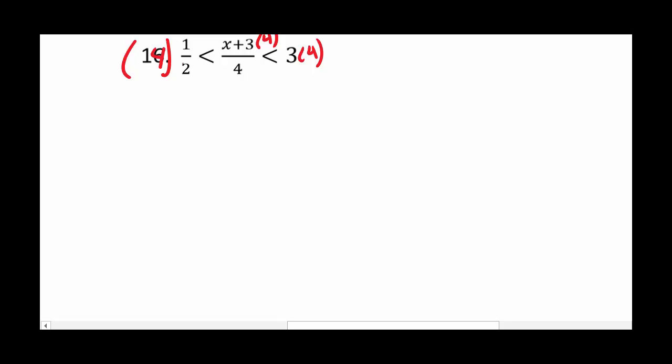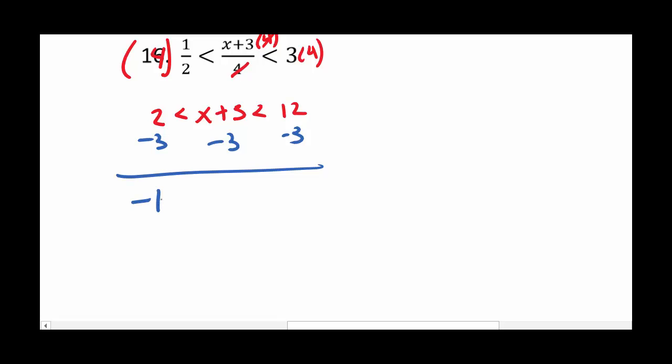So here I get half of 4, which is 2. There the 4's divide out in the middle, so I'm left with x plus 3. And then 3 times 4 is 12. Then I want to subtract 3 from all 3 sides. So negative 1 is less than x, which is less than 9.